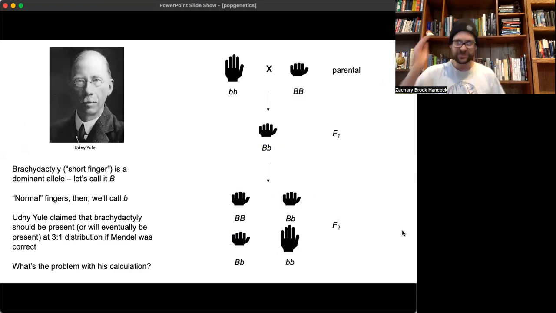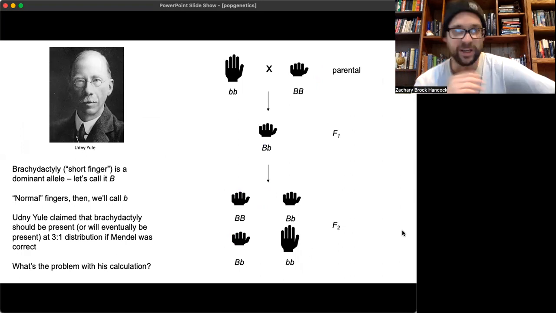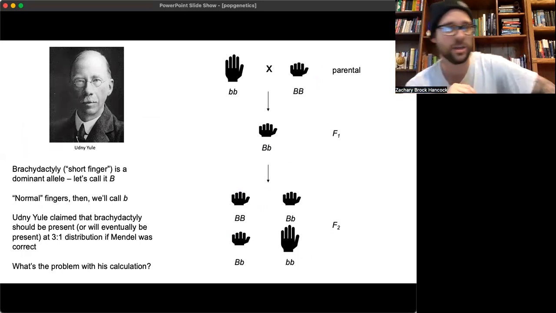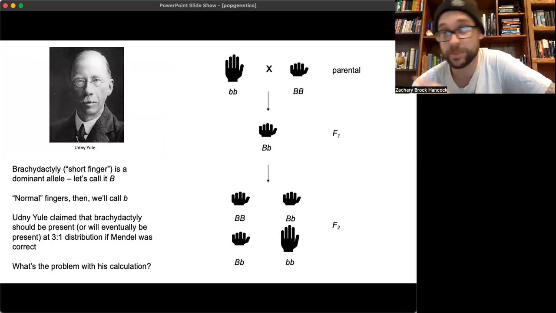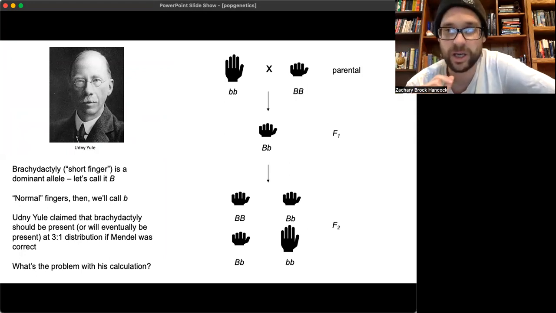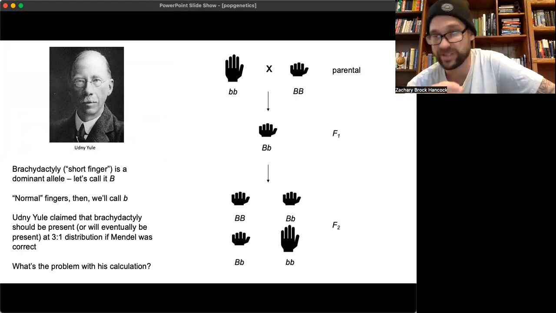Here we go. So this is Yule, and at a meeting, he gave an example of brachydactyly, which is short fingers and toes. It's short digits, and it is caused by a dominant allele in humans, and we're going to call that dominant allele the big B.